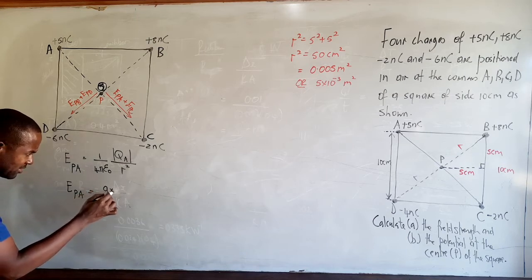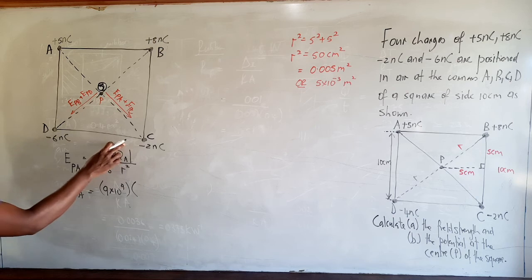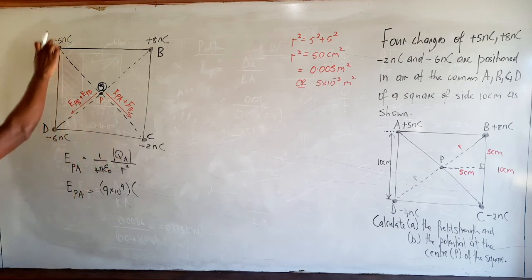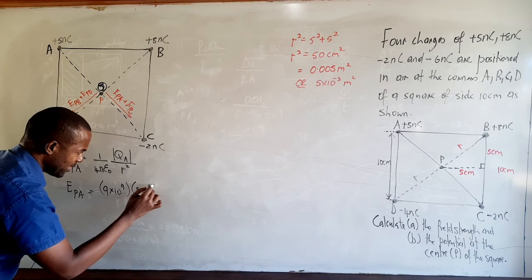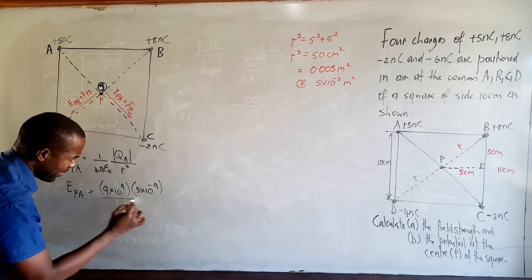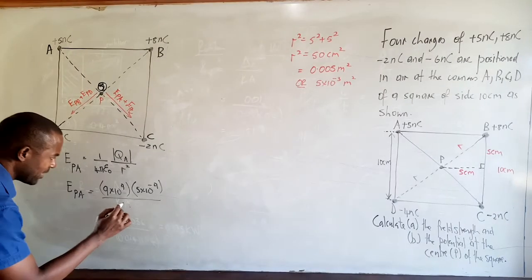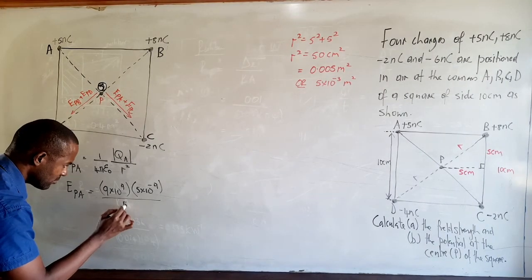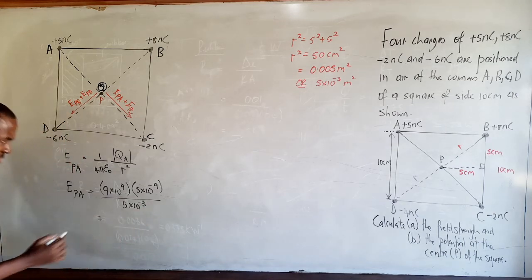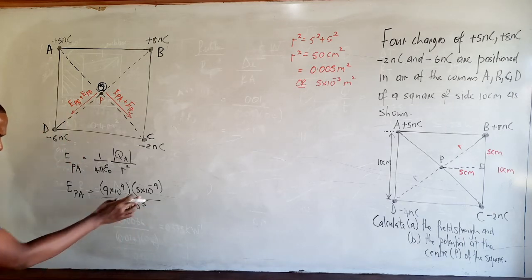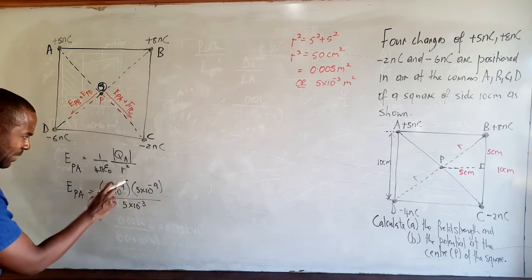equals 9 times 10 to the 9 times the magnitude of A. So A is a charge of plus 5 nanocoulombs, so this is 5 times 10 to the minus 9 divided by r squared, which is basically 5 times 10 to the minus 3. So this should give us 5 times 10 to the minus 9 times 9 times 10 to the 9.